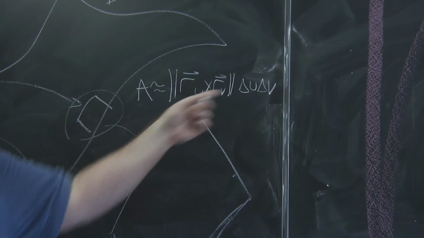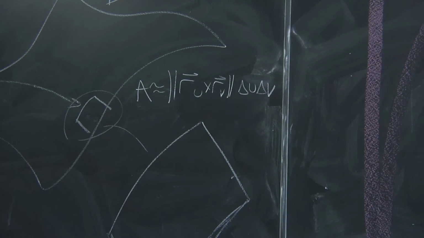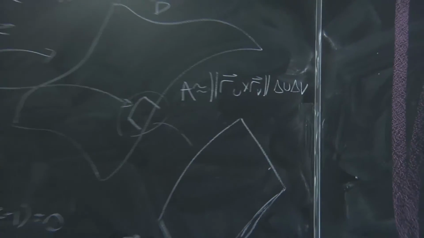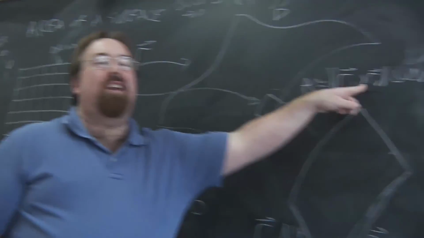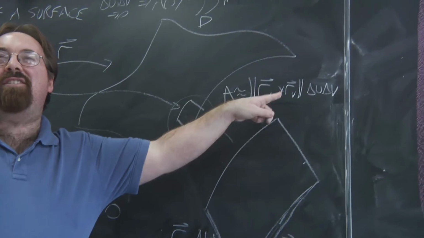Then that's what you integrate in a double integral. So I will make sure that for any area of the surface problem, the cross product and magnitude is something you can actually do within a reasonable amount of time.